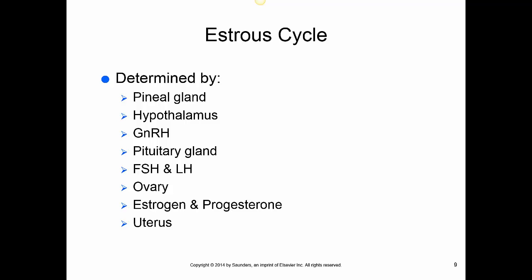So the estrus cycle itself has multiple things involved with it. We've already talked about the hypothalamus producing GnRH, the pituitary gland with FSH and LH, and the ovary with estrogen and progesterone. The uterus, its tone and its condition, and whether or not there's an infection involved will also play a role.